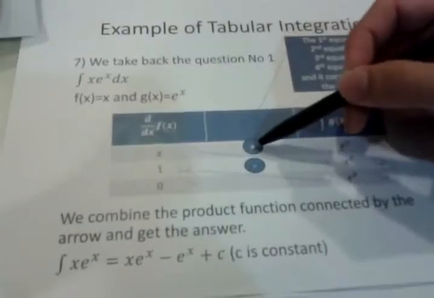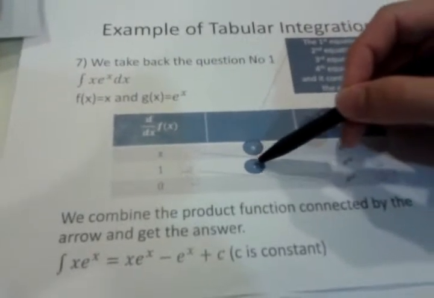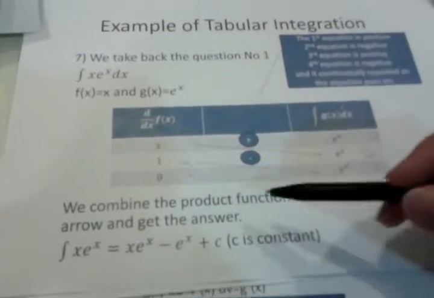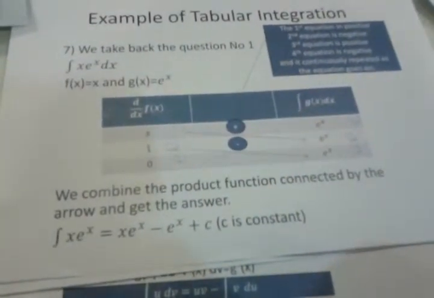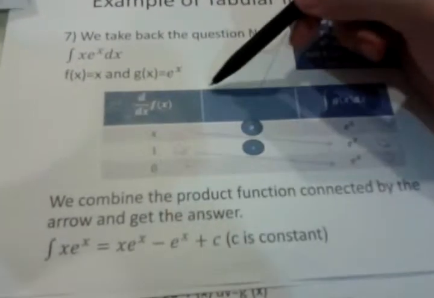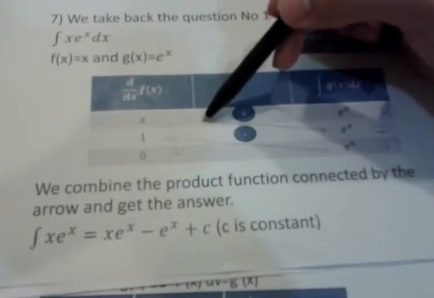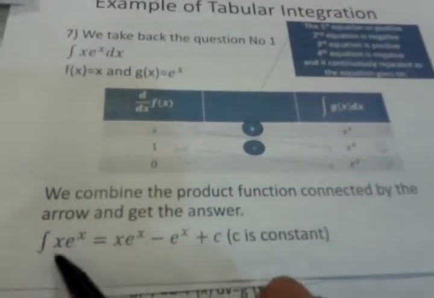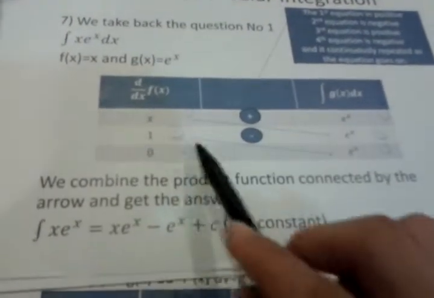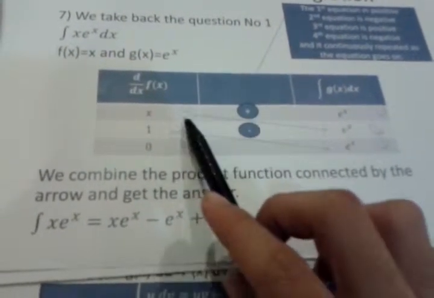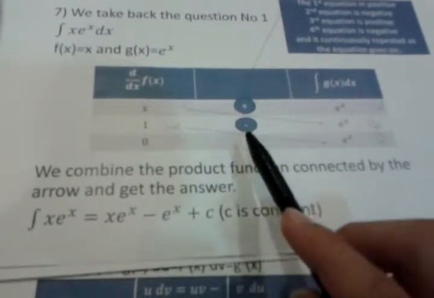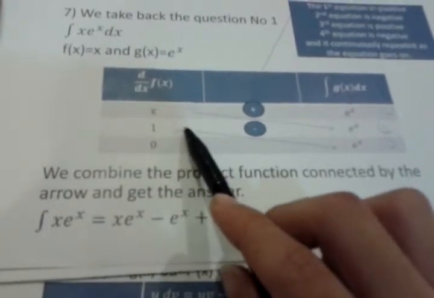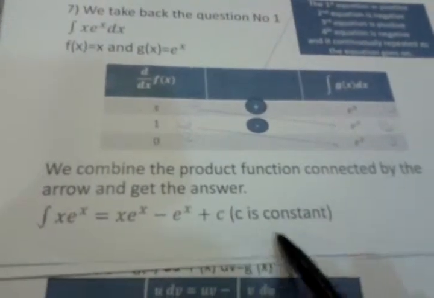And the first one is positive, the second one is negative, the third one is positive, the fourth one is negative, and it repeats like that. So the answer equals positive x e to the power of x minus e to the power of x times 1. And then there's no more, plus C. C is a constant.